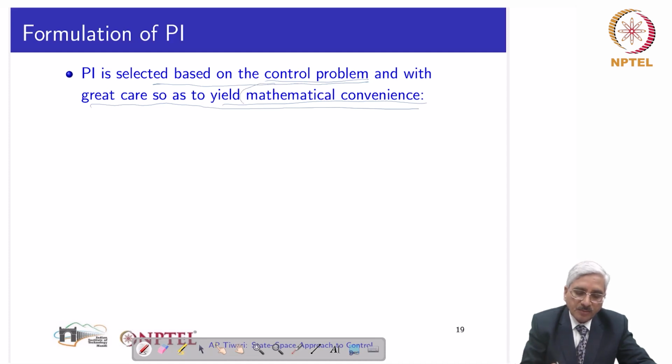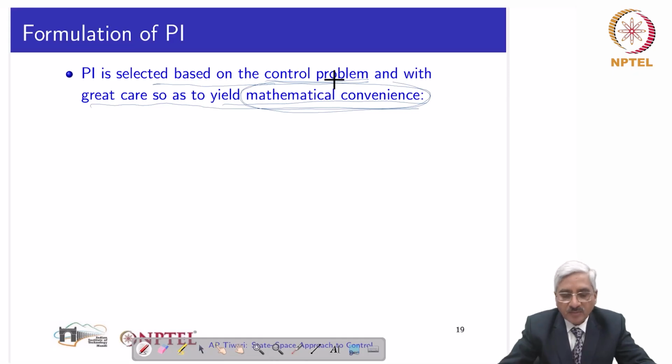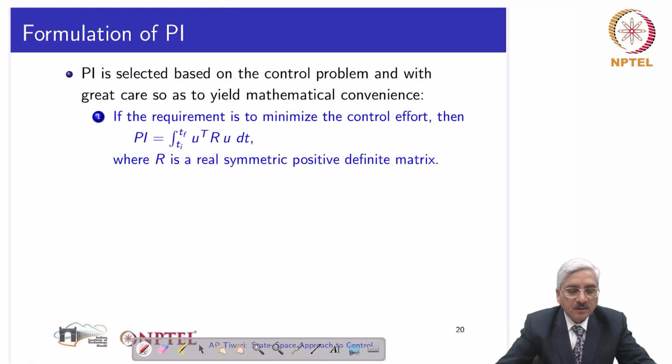So it must be selected so as to yield mathematical convenience. But more important than that, it should be selected based on the control problem. So both things are important. Of course, the first one is more important.